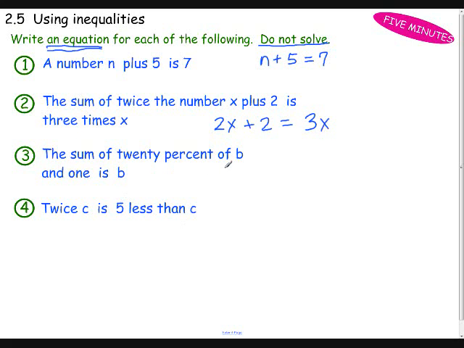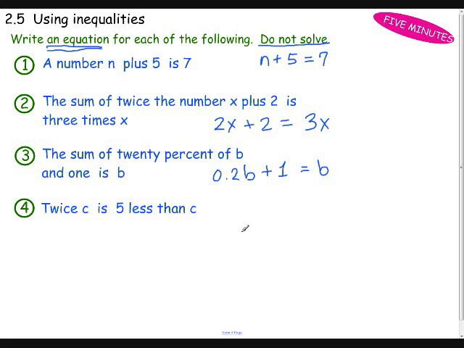The sum of 20% of b, remember when we're talking percent, we are going to convert that into decimal, and 0.2 would represent 20%. The sum of 20% of b and 1 equals b.